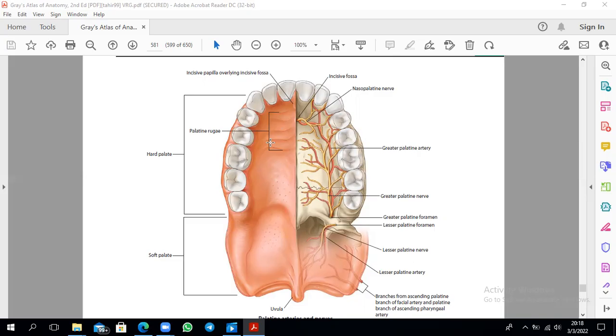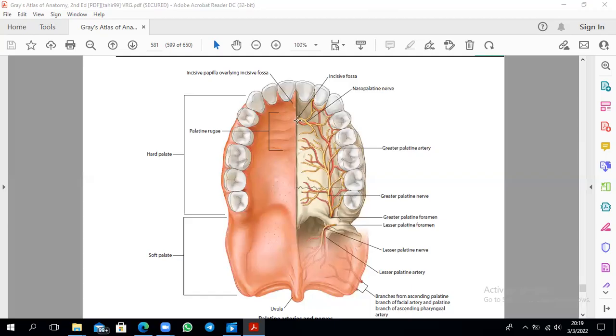On its inferior surface, you expect to find an incisive fossa, which is simply behind the incisive teeth. So it's somewhere here. That's where you have an incisive fossa, and it opens into an incisive canal. The terminal parts of the nasopalatine nerve and the greater palatine vessels are transmitted there.